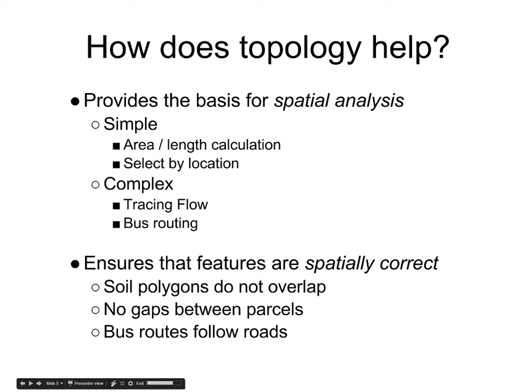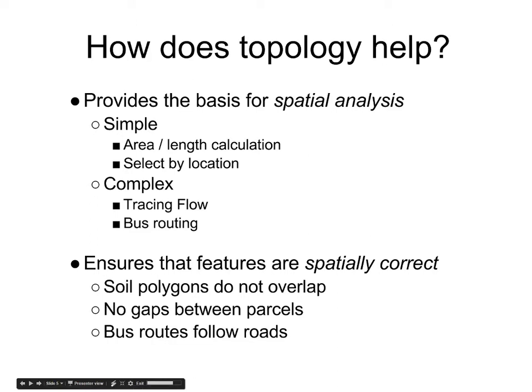These require connectivity of arcs through nodes, and if that connectivity is not built in and there's not a system of topology to help keep up with how features are connected, you can't route a bus through a network of lines and arcs. So topology is required for spatial analysis.